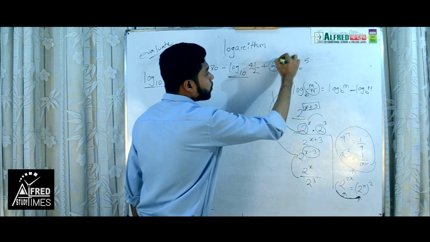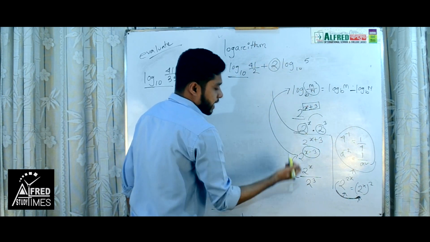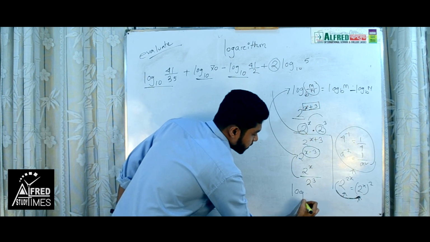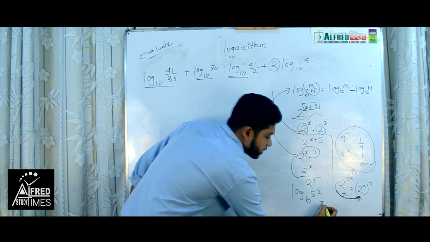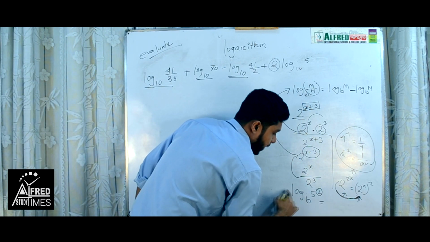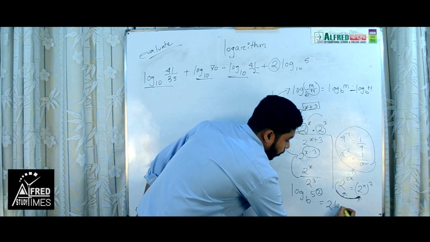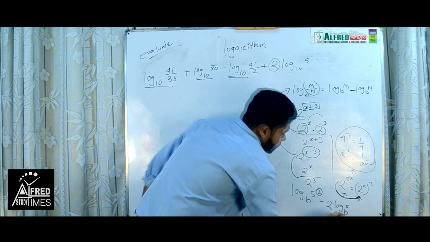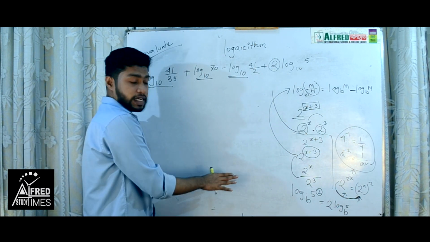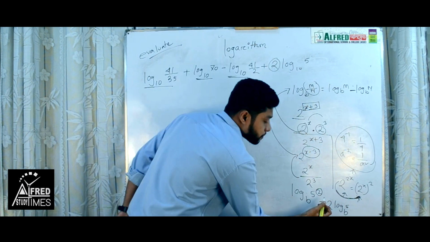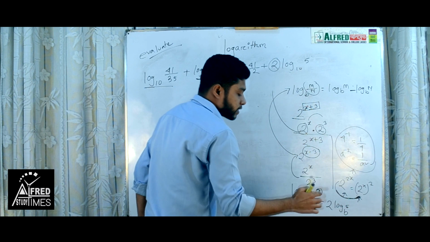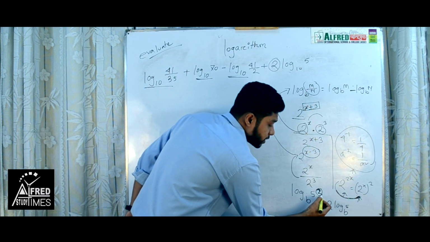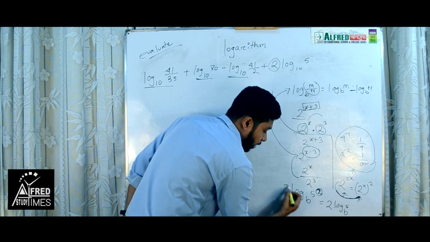This 2 will go as 5 square, and you can see the one formula is 2 log base b of 5 square. You can write it as log base b of 5 square. I said that this is my base, this is my power. This is my power 2, and this power makes a base, it will come here.